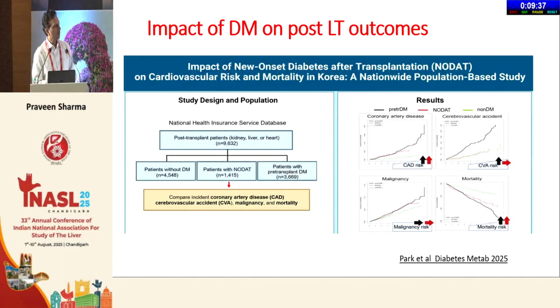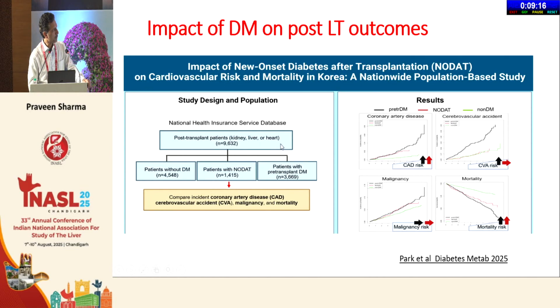The second impact is that of diabetes. The patient may be pre-diabetic before transplantation, or may develop de novo diabetes after transplant. So let us see what happens to patients who develop diabetes post-transplant or who have diabetes before transplant. This is a nationwide population-based study which included all the transplant patients.